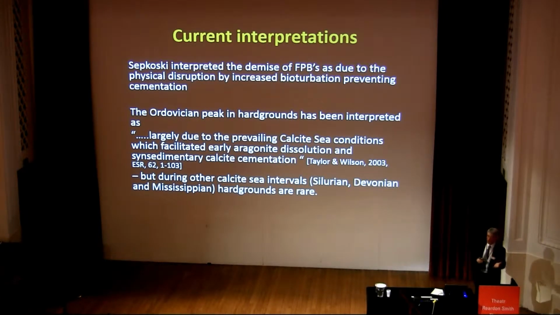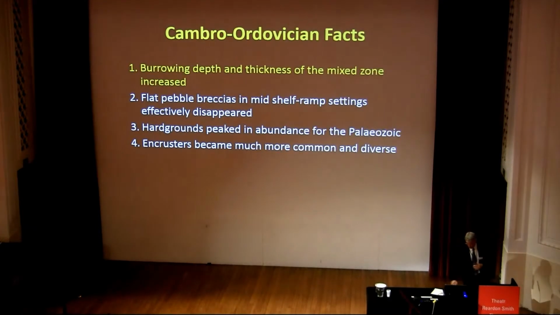There are a number of problems with that issue, and I'll come on to them later on, but one of the key ones is that if you look in other calcite sea intervals in the Paleozoic, or even the Mesozoic, but particularly in the Paleozoic, for example, Silurian, Devonian, Carboniferous, you do not see the same abundance of hardgrounds. So even though seawater chemistry remained the same, you don't see hardgrounds. So it can't be directly linked to seawater chemistry.